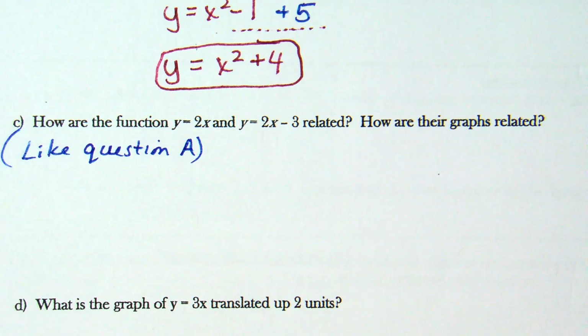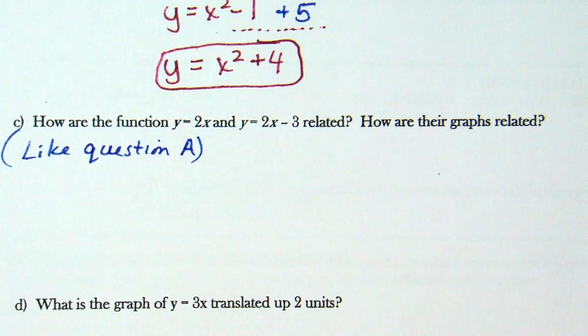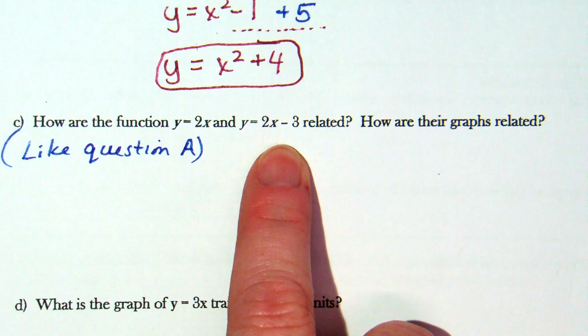If this is y equals 2x and this is y equals 2x minus 3, what do you expect about the outputs? If we're talking about how the functions are related, what do you expect is going to be true of the outputs? Excuse me. Abby? Yeah. The output of 2x minus 3 is going to be 3 less than y equals 2x.